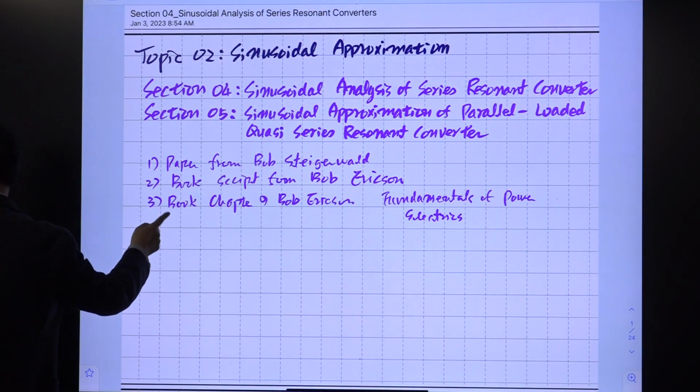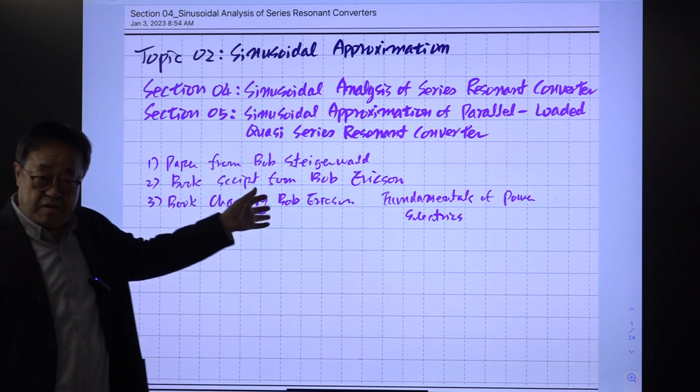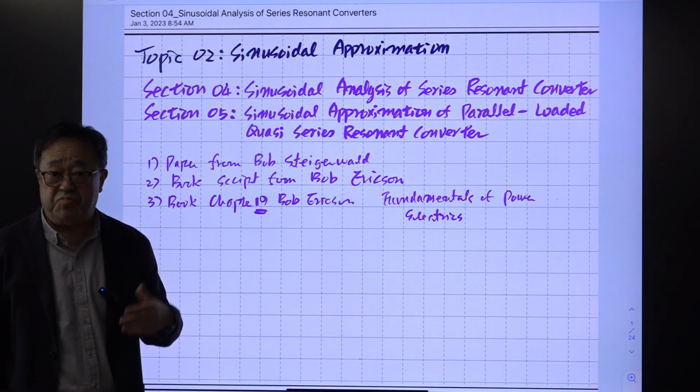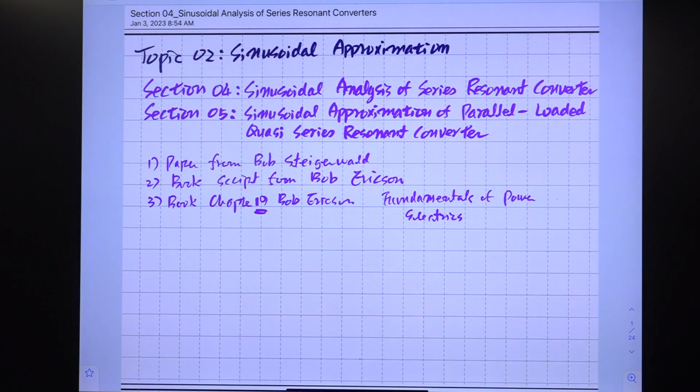So my book should be better than this. This one is also a book, and in chapter 19 something, there is something about this resonant power converter. So that material is very good, very good. Other than this, don't pay attention to them for now, okay? You will get lost with that. You will be confused a lot, okay?